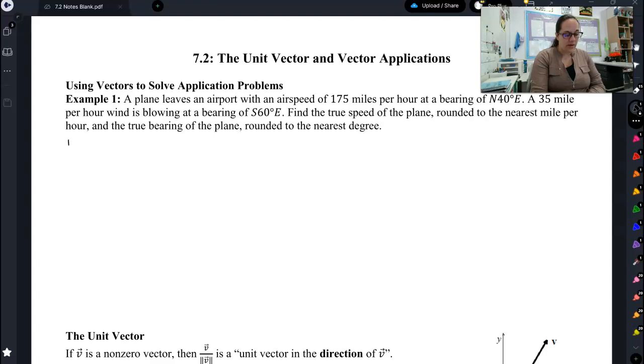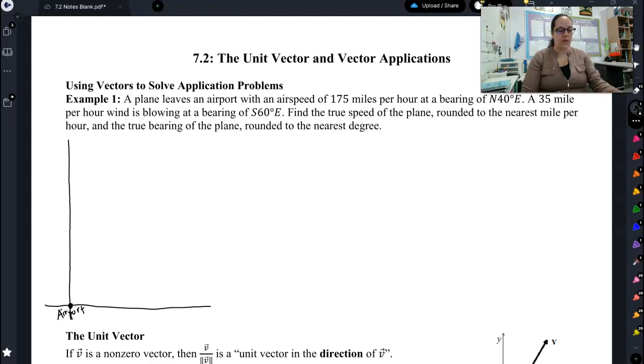We have a plane that's going to leave an airport. So I'm going to call this right there my airport. Now, this plane leaves the airport with an airspeed of 175 miles per hour and a bearing of north 40 degrees east.